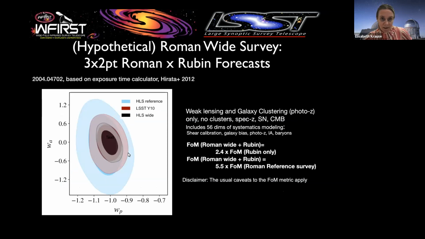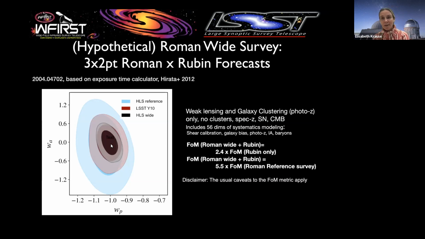And then in red are the baseline LSST year 10 3x2 forecasts. And the much smaller black area, that is the HLS wide survey, combining space-based shapes with Rubin photometry for this joint ground and space-based 3x2 analysis. So I think this would be an excellent synergy between these two contemporary surveys.